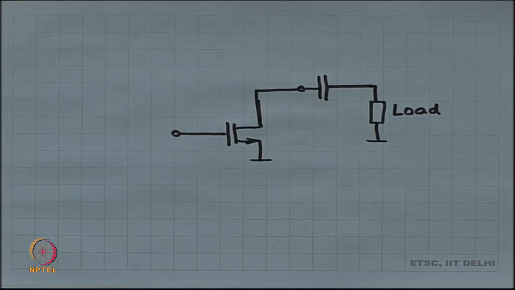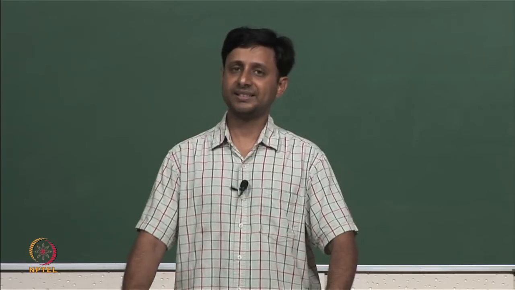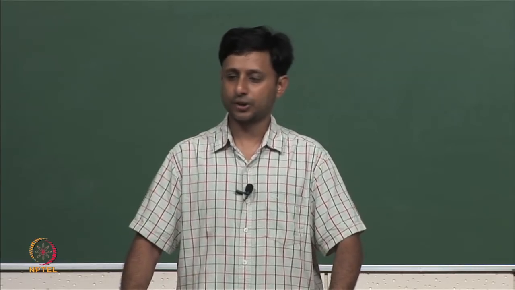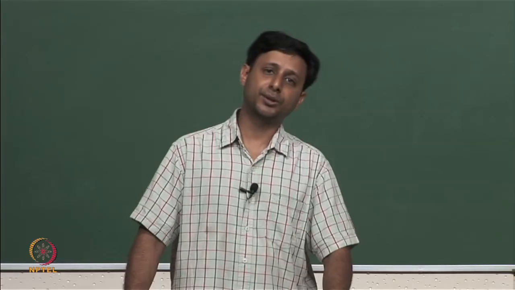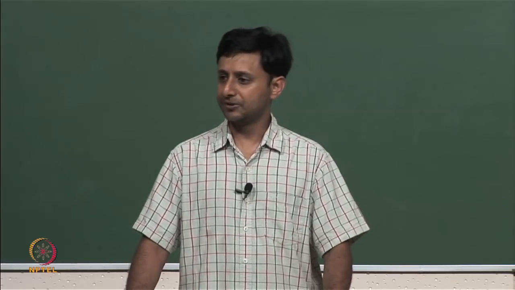Now, this capacitor is so big that it's a short circuit for all AC signals, whereas if you are thinking of DC, then the capacitor is naturally an open circuit.